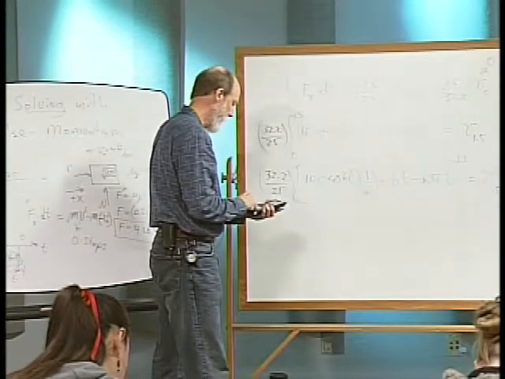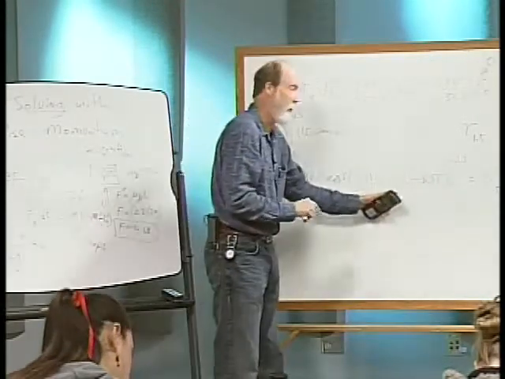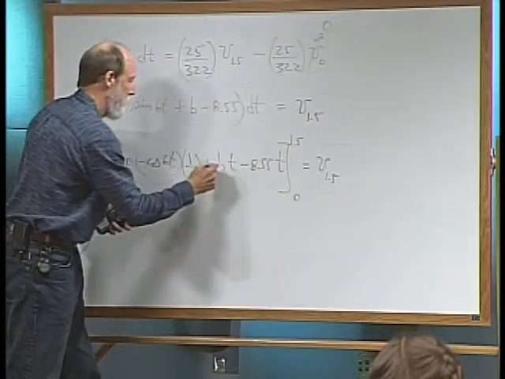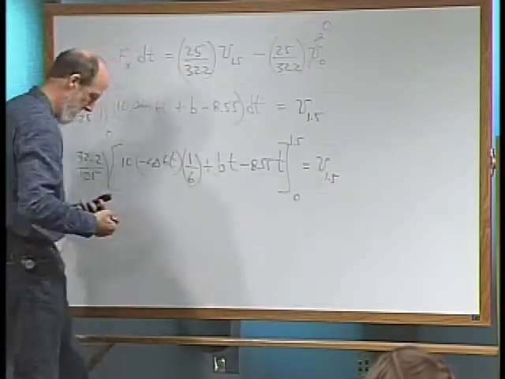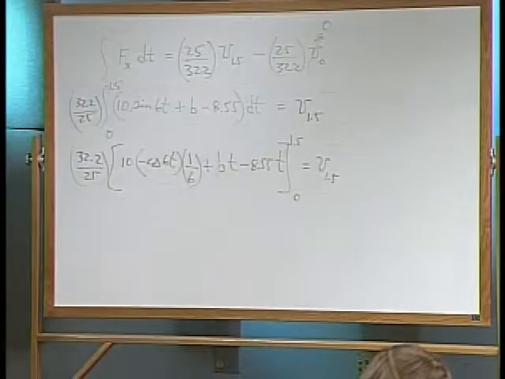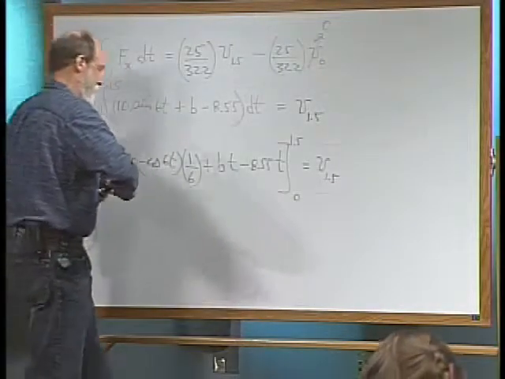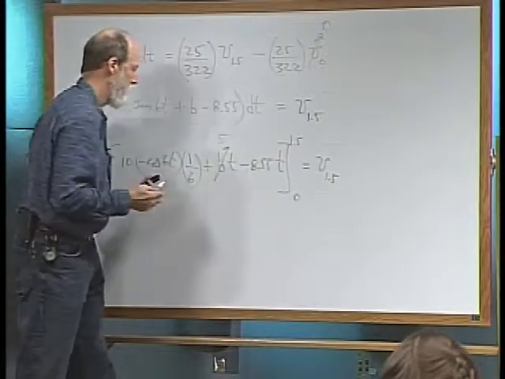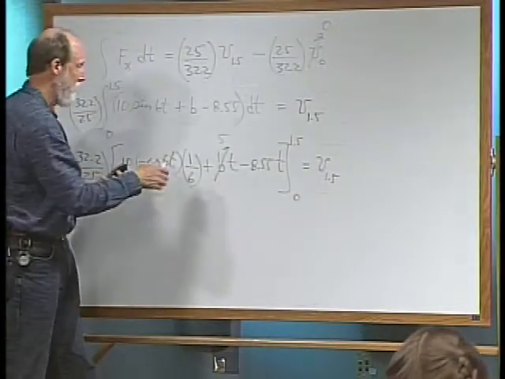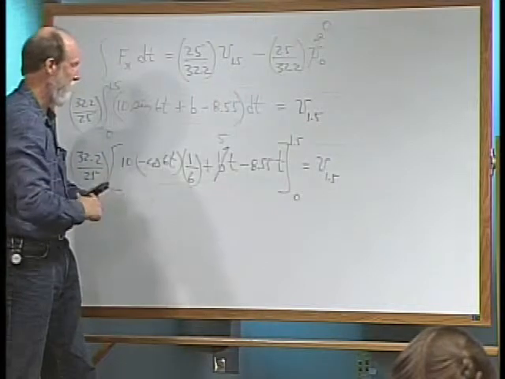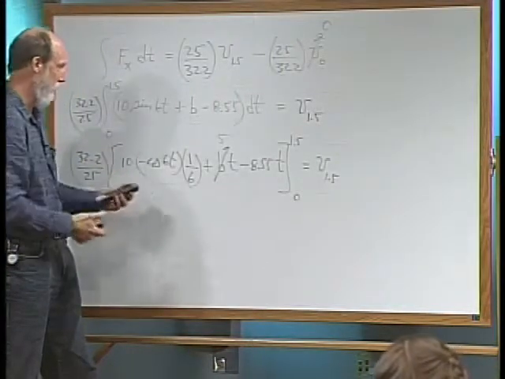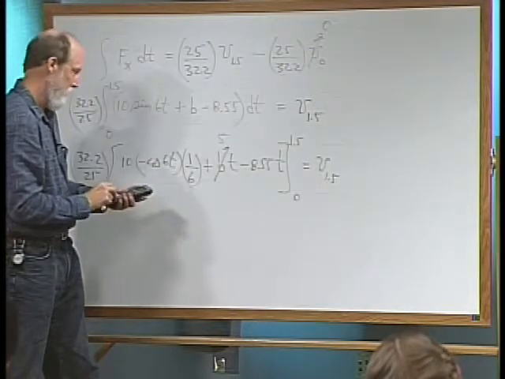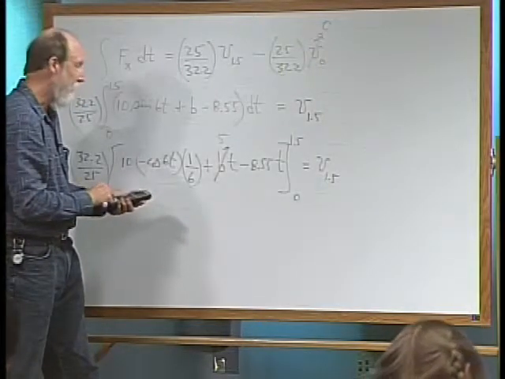And if we put in the b of 5 right there, we're going to have 5 times 1.5, which will be 7.5, minus 8.55.